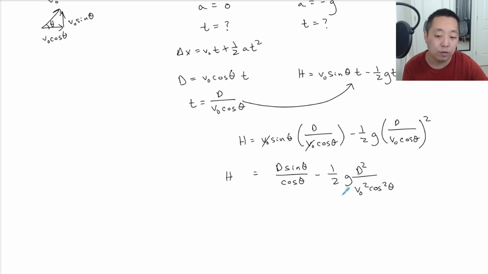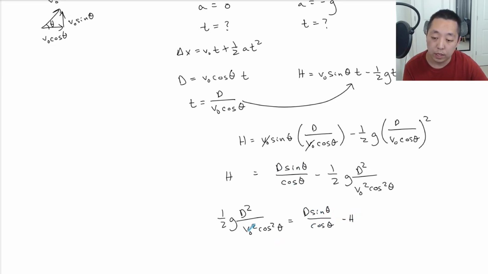And now I want to solve for v0. So I'm going to move this to the other side and move the h over. So I'm going to have 1/2 g d squared over v0 squared cosine squared theta is equal to d sine theta over cosine theta minus h.